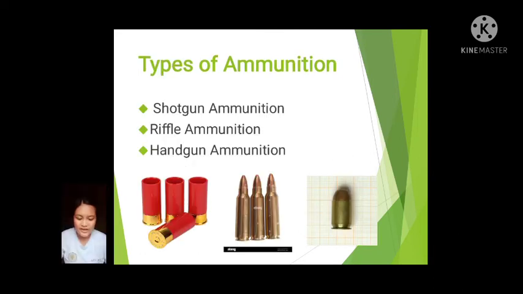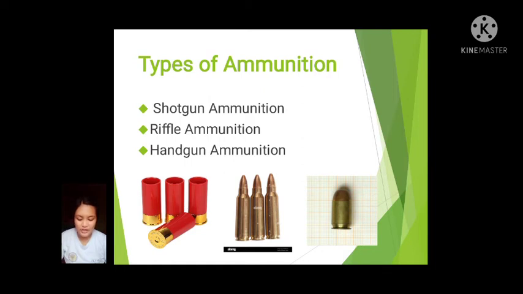Next, we have different types of ammunition: the shotgun ammunition, rifle ammunition, and the handgun ammunition. First, shotgun, it consists na sa loob niyan may gunpowder, shell casing, primer, at meron ding pellets na tinatawag.